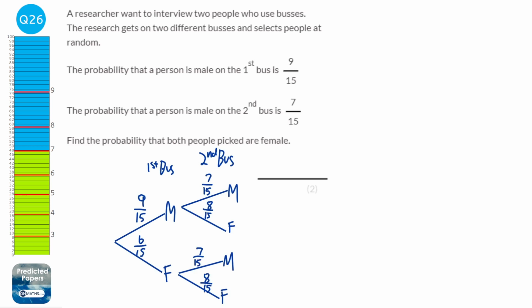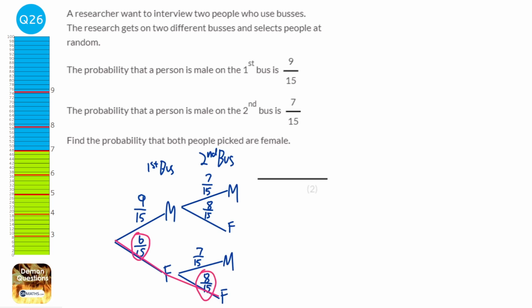So to have both female, we need to have gone down this line at the start and then this line again. Looking at the fractions along the way, it's 6 over 15 and 8 over 15. The word 'and' in probability means times.